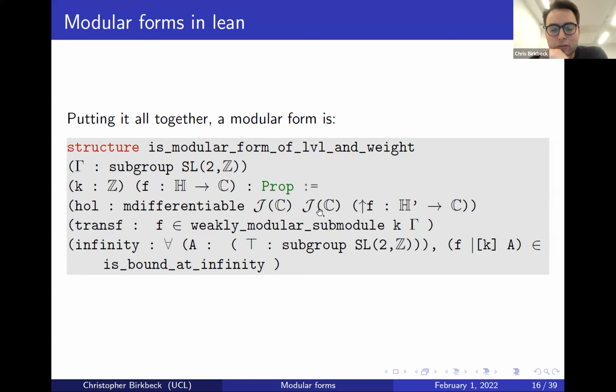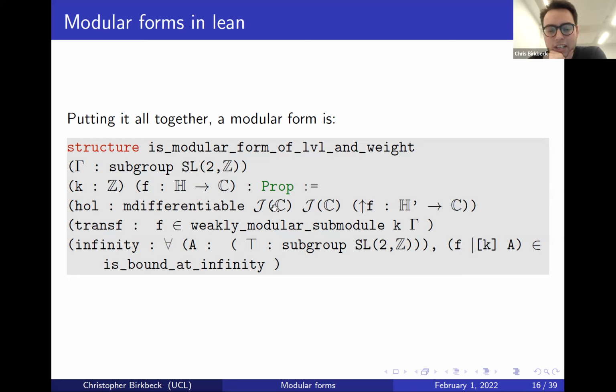Let's ignore these two terms in the middle for a second. I want it to be differentiable as a function between H prime and C, so it's a function between manifolds. This is what the upper arrow here does. It takes my function between the upper half space and C and coerces it into a function of manifolds.